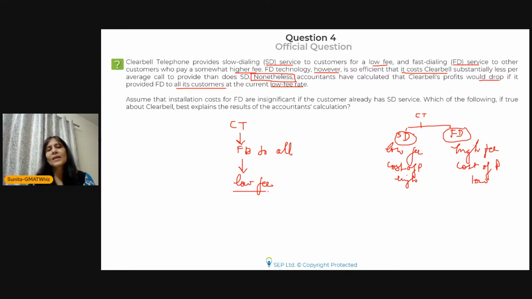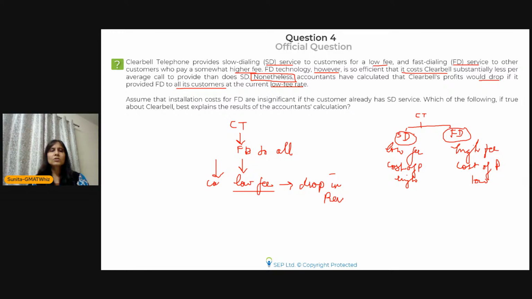Okay. Now, if they expect a drop in revenue, I'm not saying drop in profit, okay? I'm talking about drop in revenue, total income. And because FD is less costly, it also means that there will be a drop in cost.